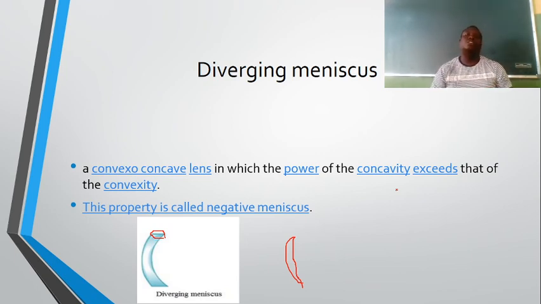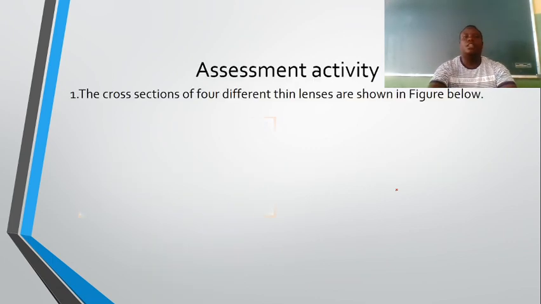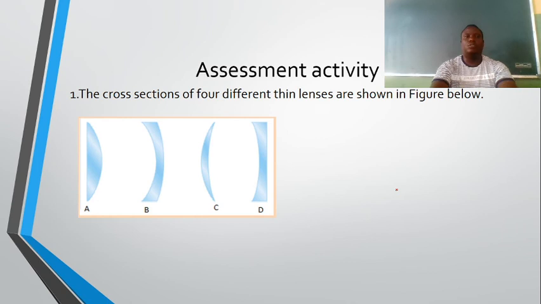With the assessment, you can assess yourself and see if you understand those types of lenses, their definitions, their characteristics, and those processes of refraction and reflection. Okay, so let us move on with the assessment activity. You can see this.